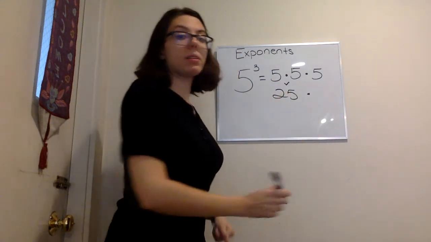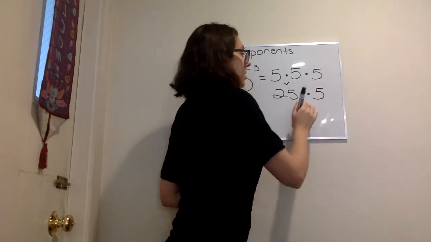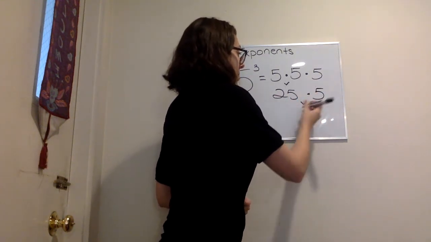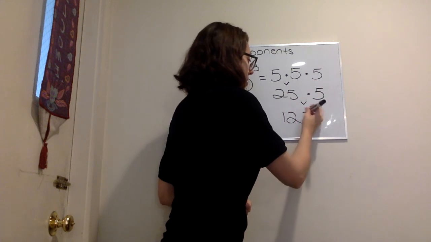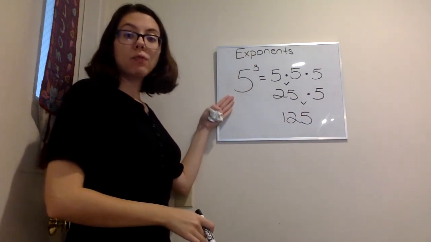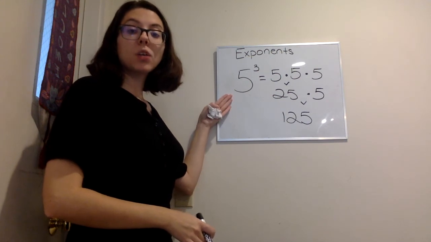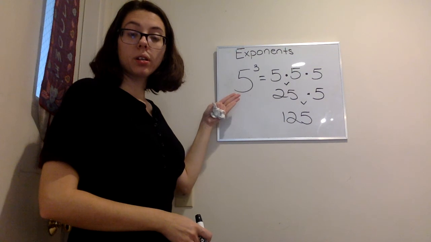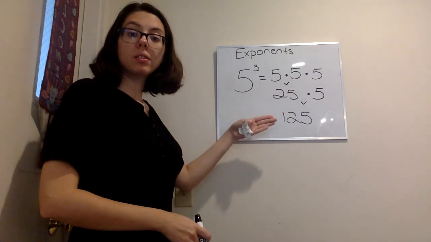And we still have to drop down the rest of the problem. 25 times 5. Keep going. I get 125. So therefore, 5 to the third power is equivalent to 5 times 5 times 5, or 5 to the third power is equivalent to 125.